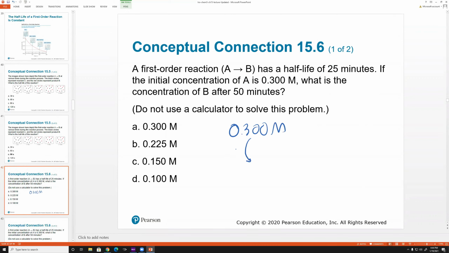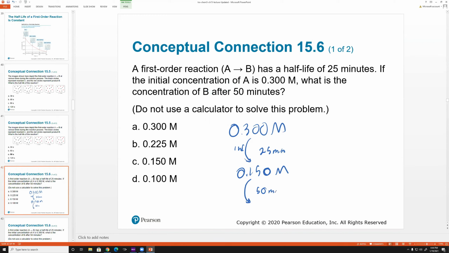One half-life, HL, is going to give you 0.15. That's after 25 minutes. Now, if you keep reading the question, it asks what happens to B after 50 minutes. Let's figure out what happens to A after 50 minutes. So 50 minutes is 2 half-lives.